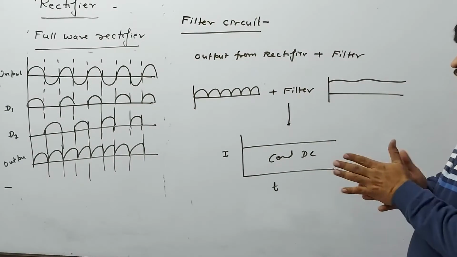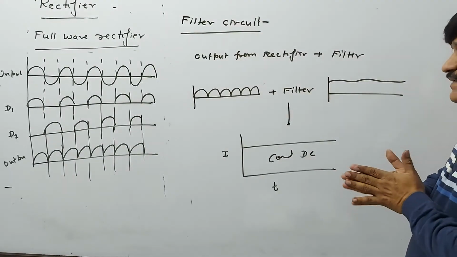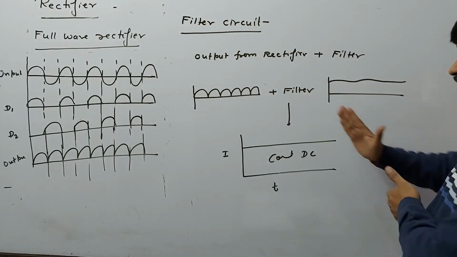Throughout this, on y-axis you are taking current or potential, on x-axis you are taking time. So it goes like this.